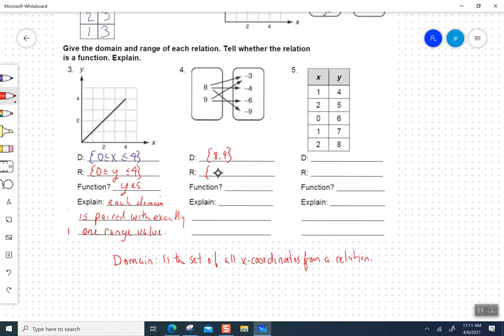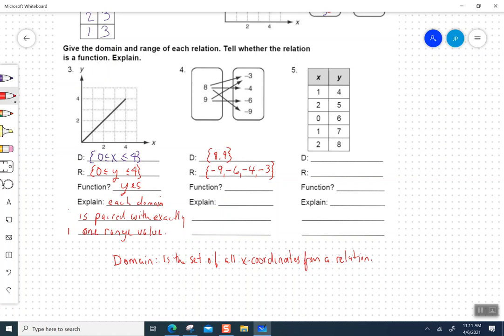It's always in order. Supposed to be always in order. So we're going to do -9, -6, -4, -3. And that's going to be my range.